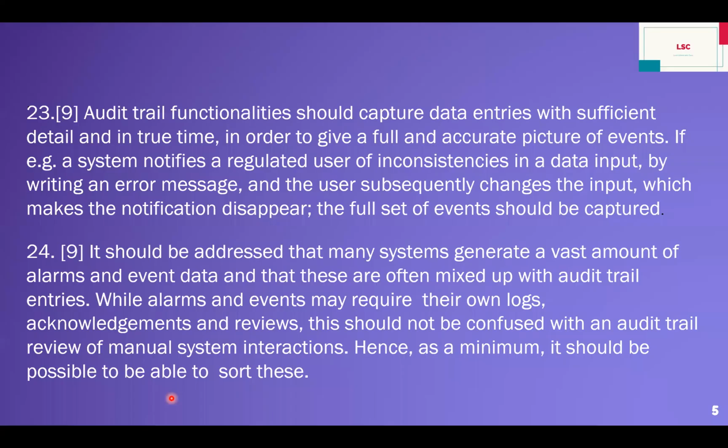Point number 23: audit trail functionality should capture data entries with sufficient detail and in real time in order to give a full and accurate picture of the event. For example, the system notifies a regulated user of an inconsistency in a data input, meaning some user entered data inconsistently in the system and got an error message.